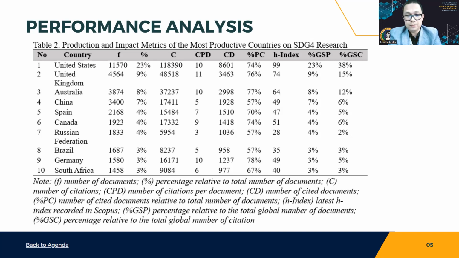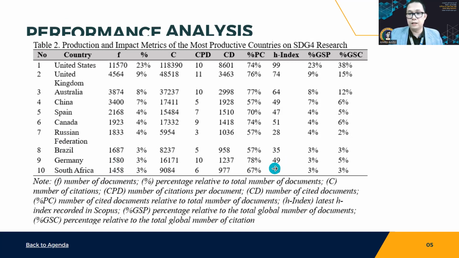The lowest in terms of H index is the Russian Federation, which has an H index of 28, which means that there are 28 documents with at least 28 citations each. When it comes to the global citation share and the global share of production, the United States always tops the list. So this is the performance of the studies on SDG 4 across different countries.